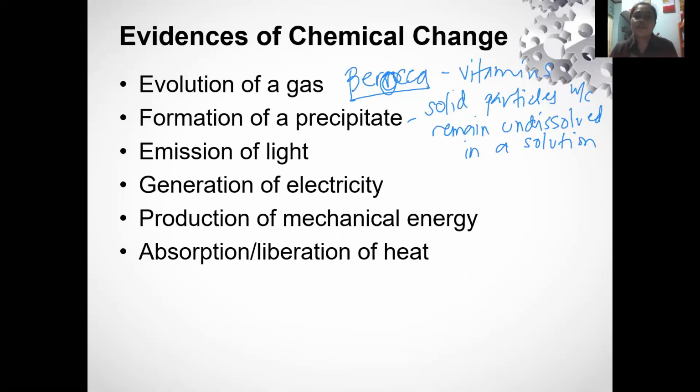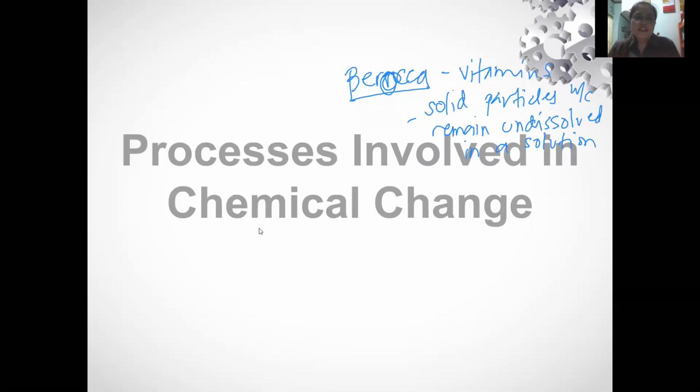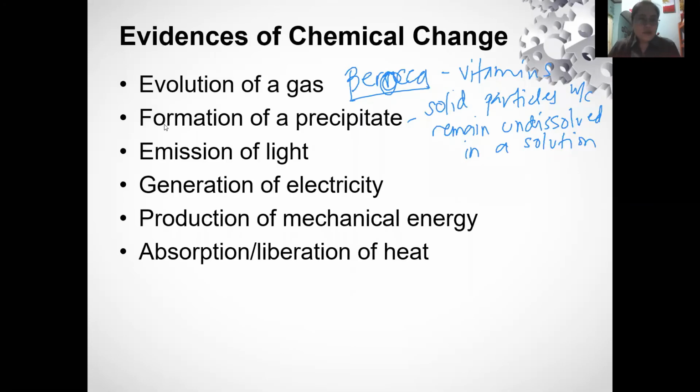That's an evidence of a chemical change. So, yun sila. 1, 2, 3, 4, 5, 6. But again, you have to take note that in chemical change, there is a new substance or substances na na-form after the reaction, and hindi mo na sila maibabalik into its original form.